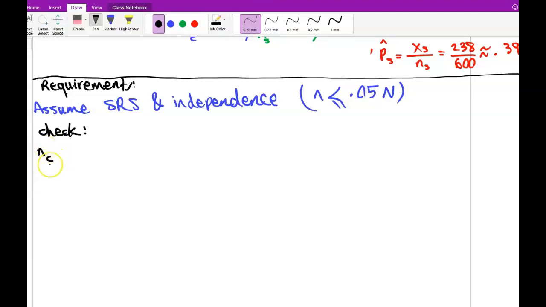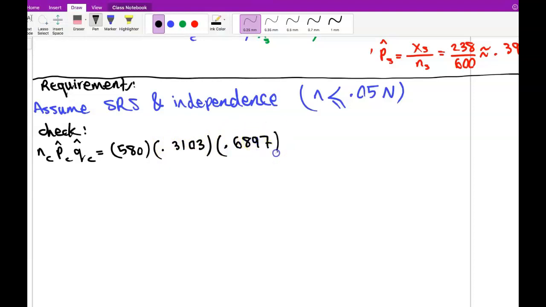So we have two groups. We have N_C times P hat C times Q hat C. That is equal to N is 580 times P hat, which was 0.3103, and Q hat is 1 minus this number, which is 0.6897. Multiplying all these numbers and rounding, it's 124, which is greater than or equal to 10.